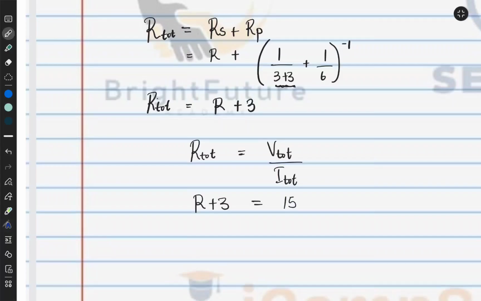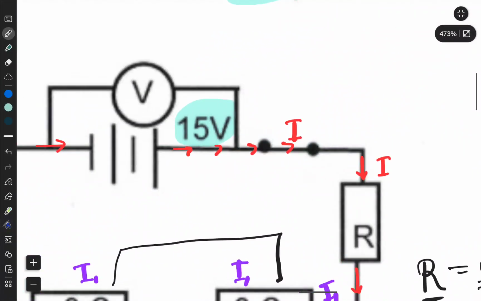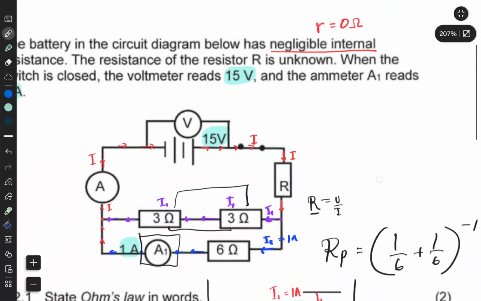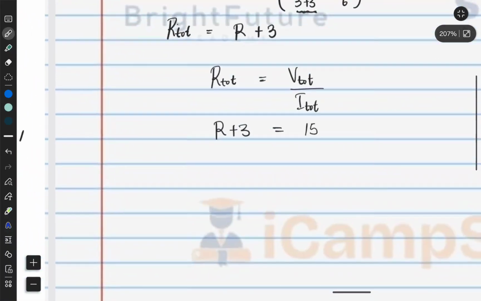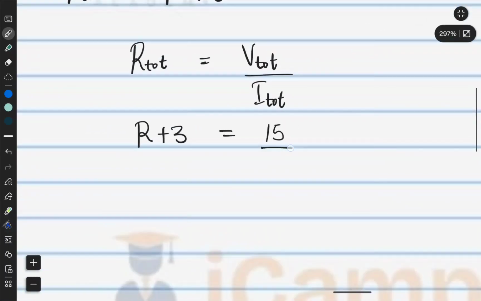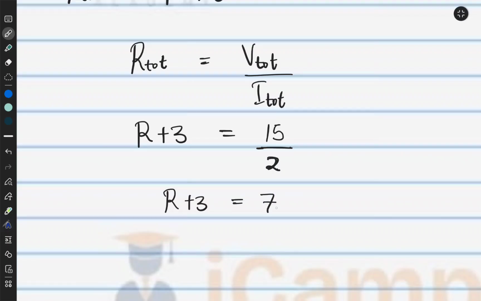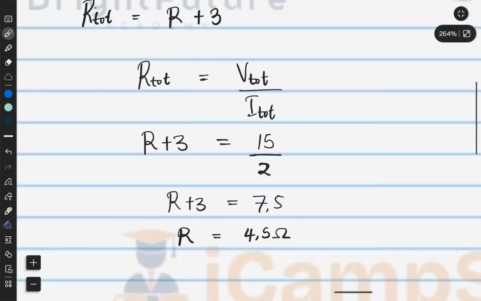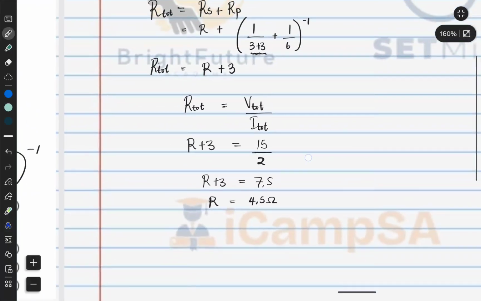We're told that it's 15. Let's go and check it. This one, 15 volts, okay? So we can sub it here, and we just found our current to be 2 amps. So now I can say R plus 3 is 7.5, and therefore my R is simply 4.5 amps. Sorry, ohms. Right, so that's what I get.